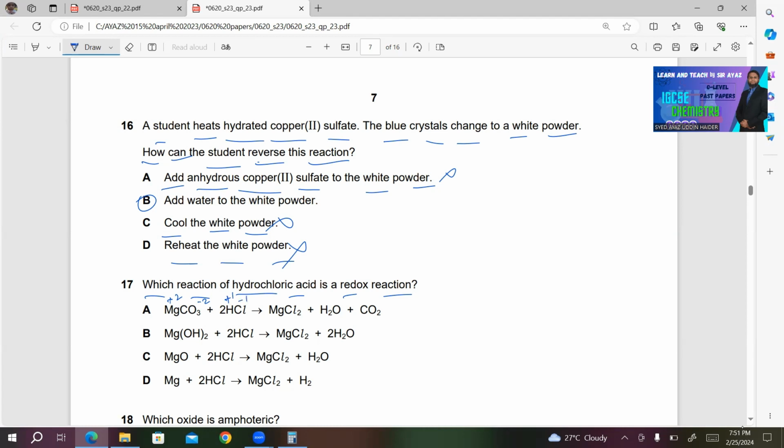On the product side, there is no change in the oxidation number because magnesium is retaining its oxidation number +2. Chlorine is -1. In water, H2O, again hydrogen is attached to a more electronegative element, so it has +1, and oxygen has -2. If you look at the position of oxygen, it must have -2.